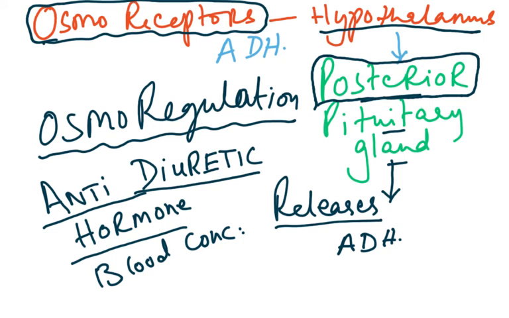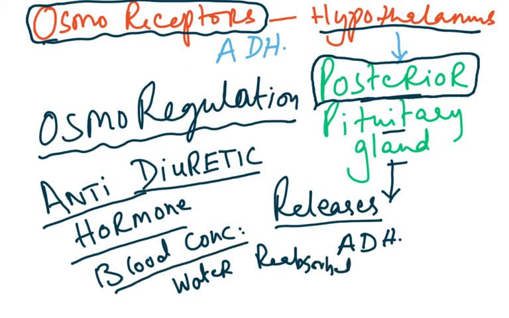So we need to reabsorb the water, which should not be lost in the urine. This water, when it is reabsorbed, will of course normalize the blood concentration. So please understand that osmoreceptors in the hypothalamus detect, and the posterior pituitary releases ADH.